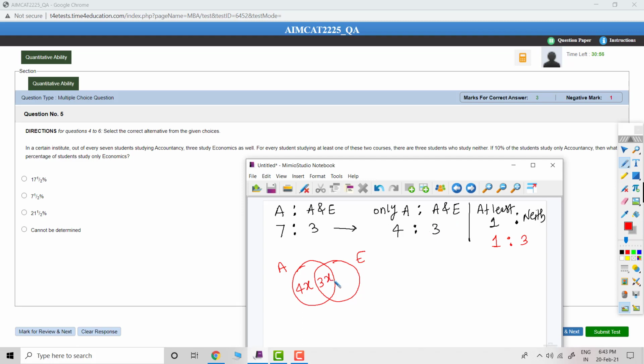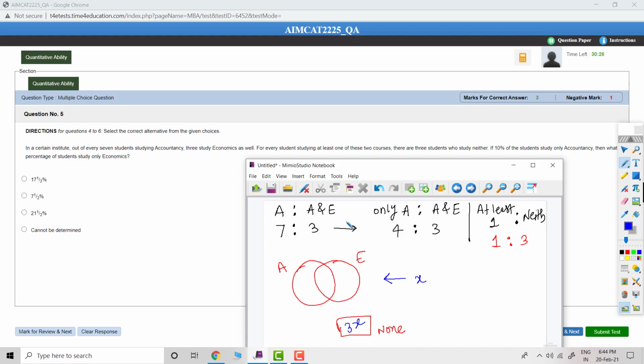Only economics we are not aware of, so let's say only economics is y. Now, there is a none region also. If I say the none region is 3x, the total of this Venn diagram, at least one, has to be x.